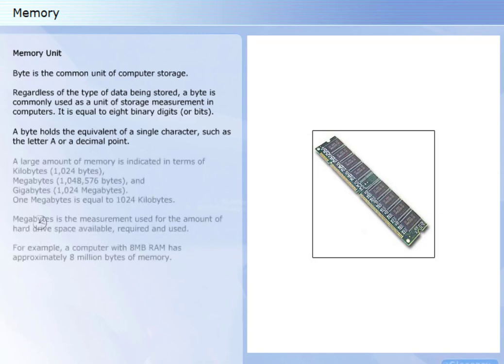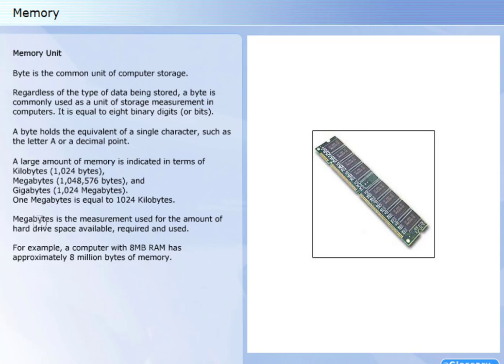A large amount of memory is indicated in terms of kilobytes, 1024 bytes, megabytes, 1,048,576 bytes, and gigabytes, 1024 megabytes. 1 megabyte is equal to 1024 kilobytes.